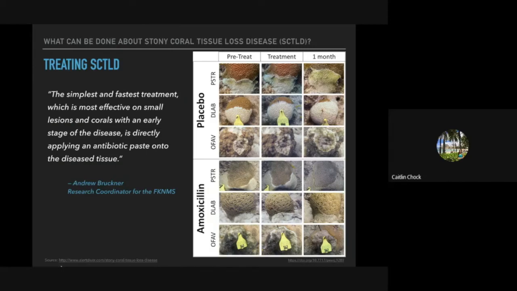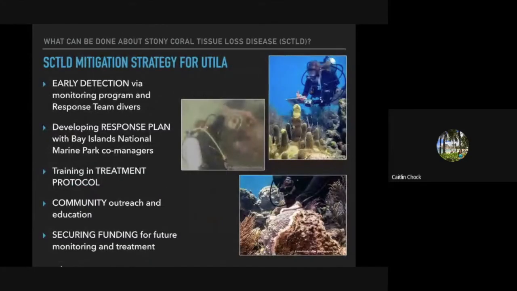So really, really important that we catch this disease early and try to intervene. If we can intervene with this kind of treatment, then we have a better chance of keeping some of our coral colonies alive. So our mitigation strategy for Utila: early detection via our monitoring program and our response team divers, which are you guys.